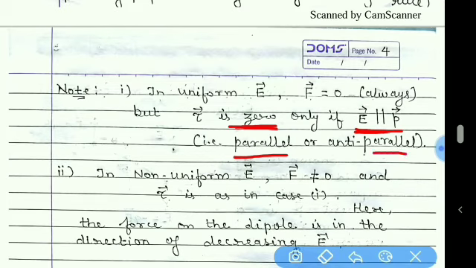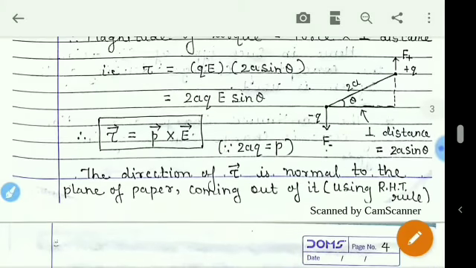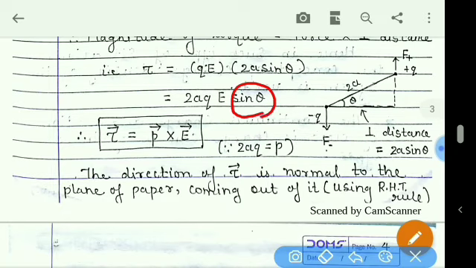Also if they are anti-parallel, angle theta is equal to 180, and again when theta is 180, sine 180 is equal to 0, and 0 into anything is 0. So in that case also the torque is 0.